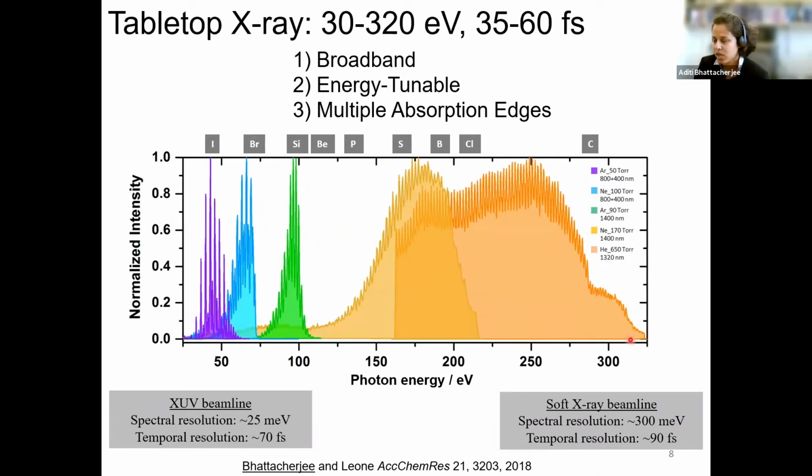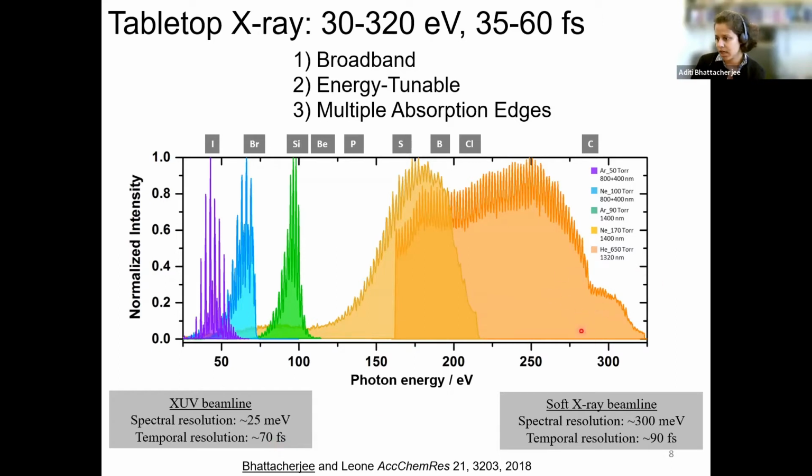These ultrashort X-ray pulses are broadband and energy tunable. Most importantly, they provide access to multiple absorption edges, some of these elements highlighted here on top, promising to be a very valuable universal probe of molecular dynamics. A couple of parameters for those of you who are interested: the spectral resolution for the XUV beamline, meaning less than about 100 eV or so for this tabletop setup, was characterized as 25 millielectron volts for the spectral resolution, and under 100 femtoseconds, about 70 femtoseconds, for the temporal resolution.